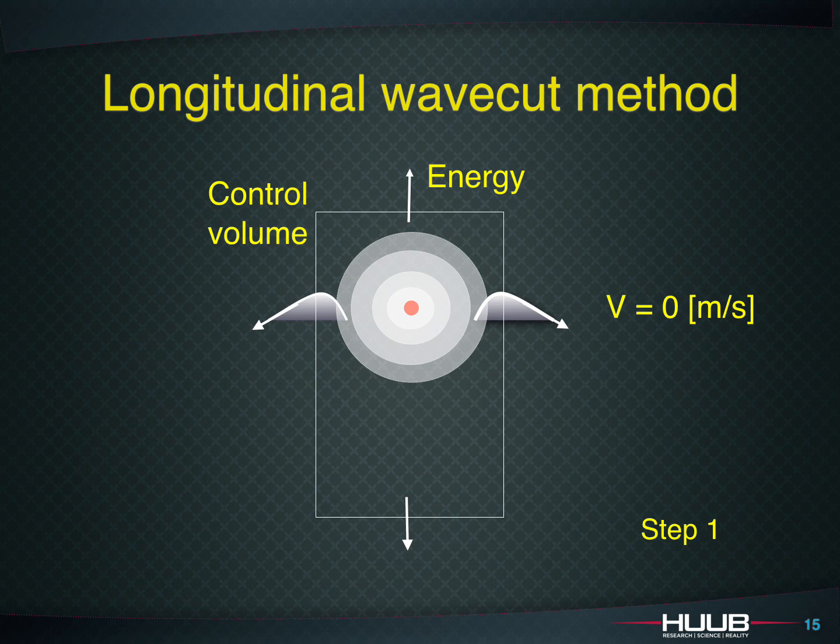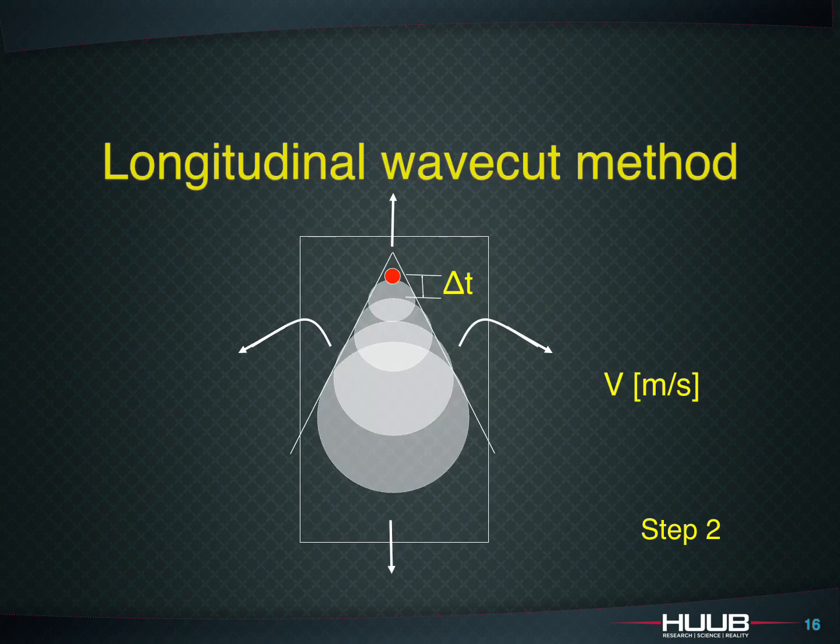So step one is that we assume a point where waves are made at a zero velocity. But then we start to move, so there is a velocity. And what you see is that if this control volume is stretched, so to speak, there will never be energy leaving on the top and also never on the bottom part of the control volume.